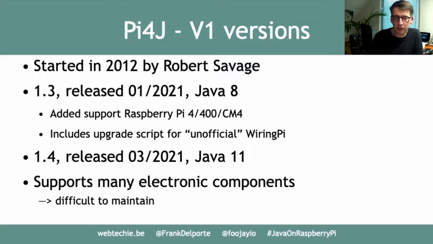Why? I will tell you about it, but what we did last year is release two new versions. One was for Java 8 and included support for the newer Raspberry Pi boards, and also a version 1.4 which moved to Java 11, and was already the start to move to version 2, where we had taken out some support for specific components because that was actually a big amount of work to maintain in the sources.